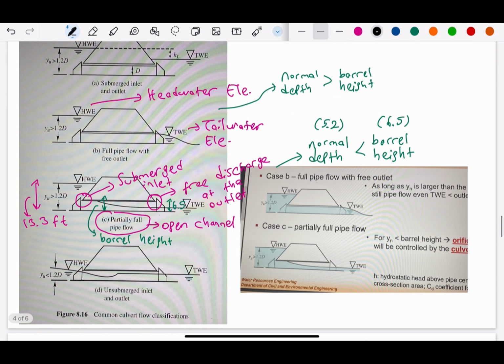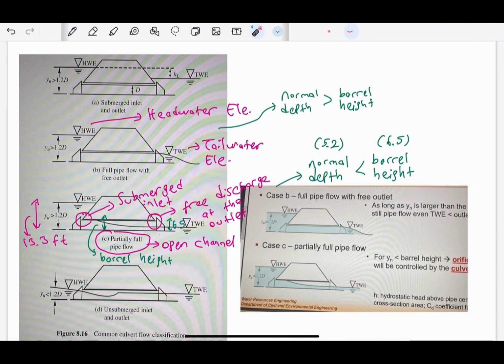If you look at the previous question, we need to find TWE higher than D. So it doesn't satisfy this condition. Also here, we don't have this condition. And here they are equal. So the only flow classification is class A.